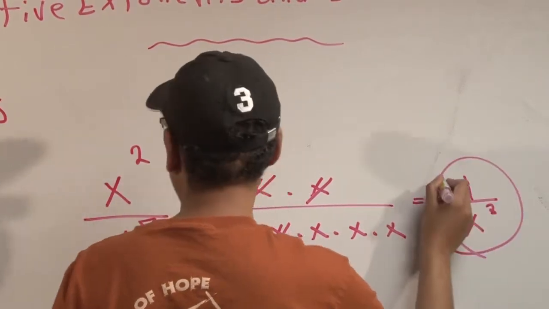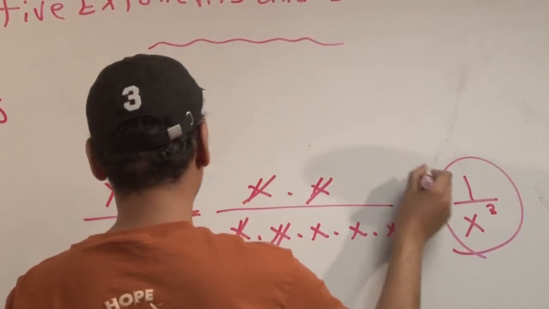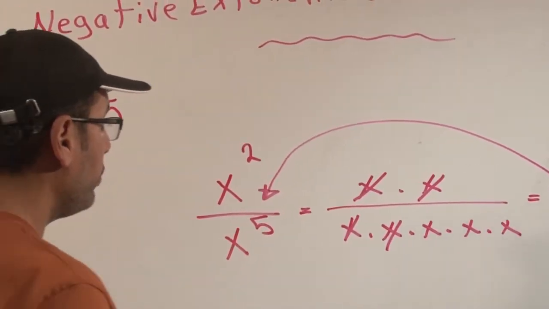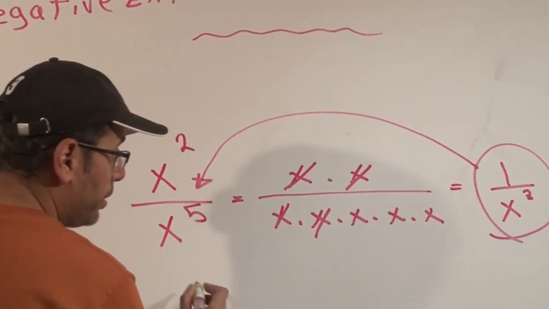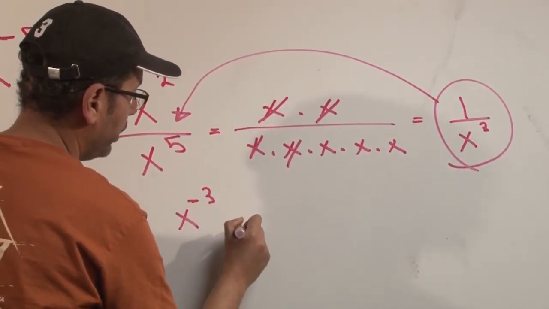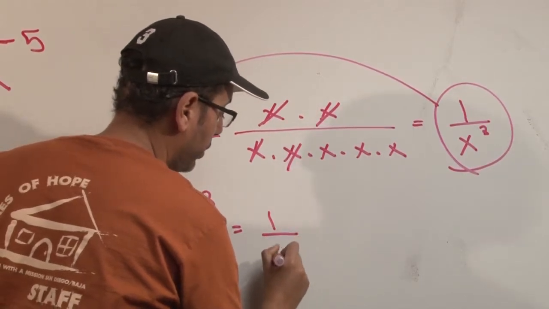So that guy is equal to this one. That means x power of negative 3 equals 1 over x power of 3.